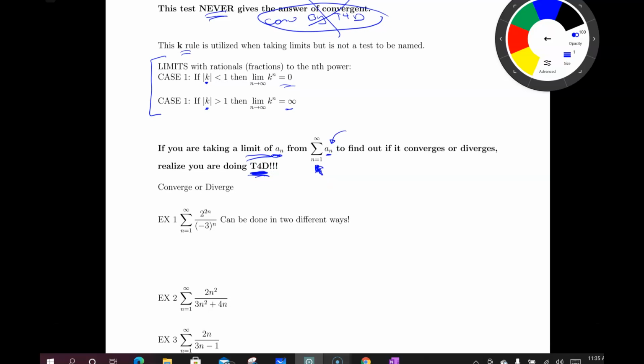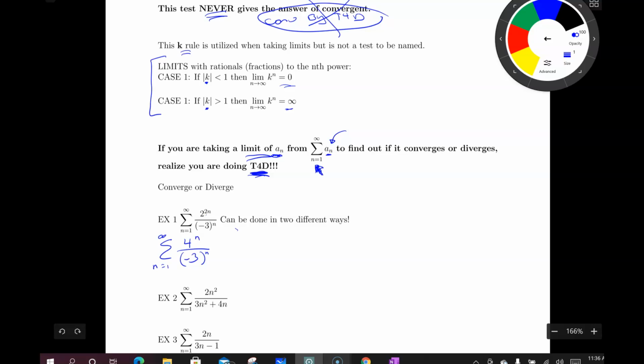What do I have? Looks like I have a number to the nth power. Does it not? Let's look at this. So if I want to just fix this up here at the top, 4 to the n over negative 3 to the n, n equals 1 to infinity. So what can you see here? Yes, that's right.